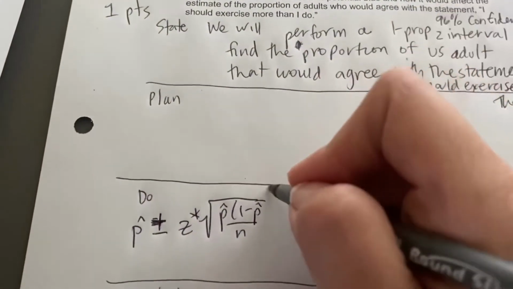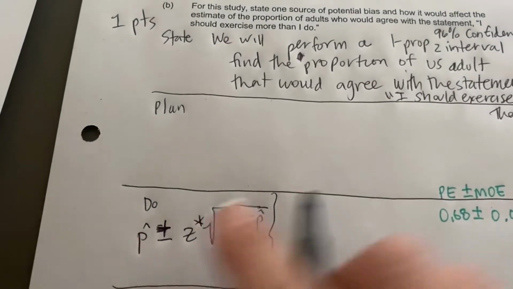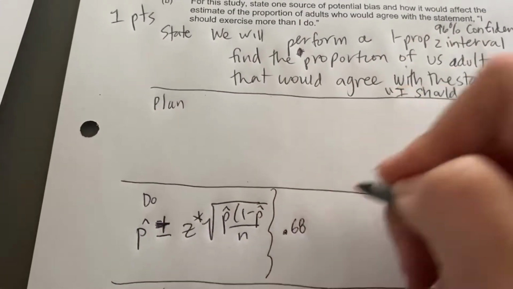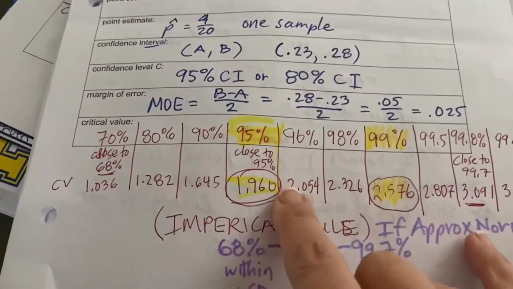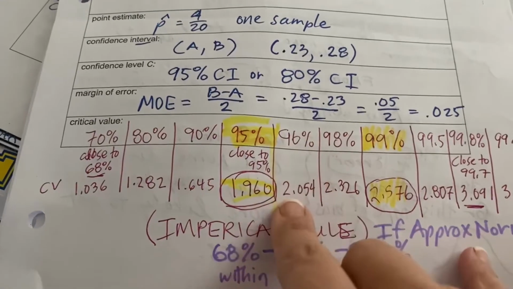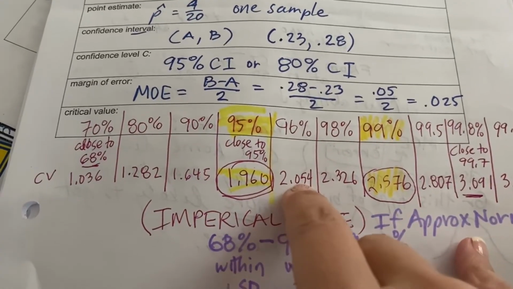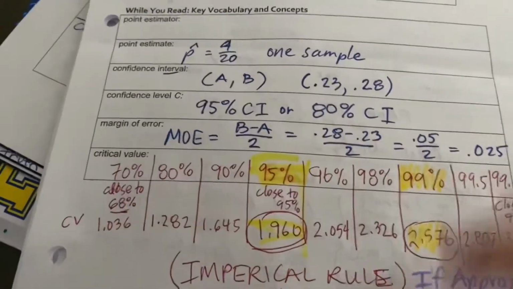All right, so taking my P hat, we know is 0.68 from our calculator, and because it was given, Z star. So if we look in our notebooks, our Z star was, what is my critical value when I'm doing a 96%? So I'm using this number, 2.054.